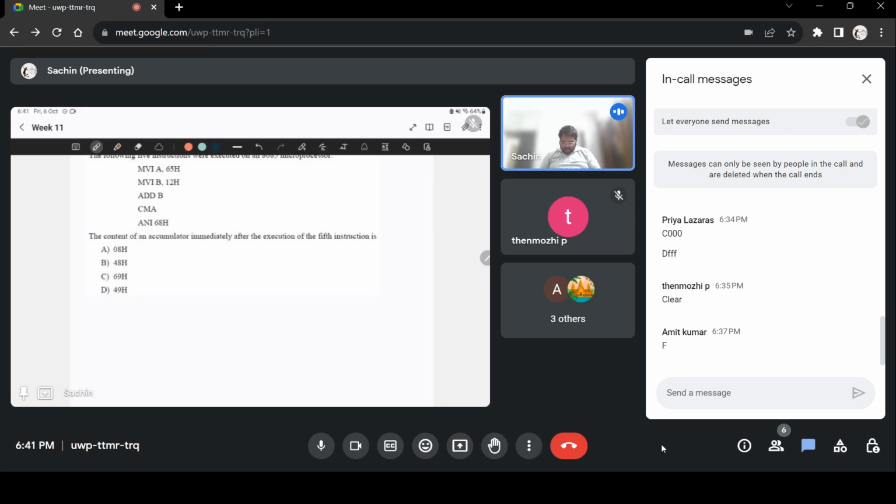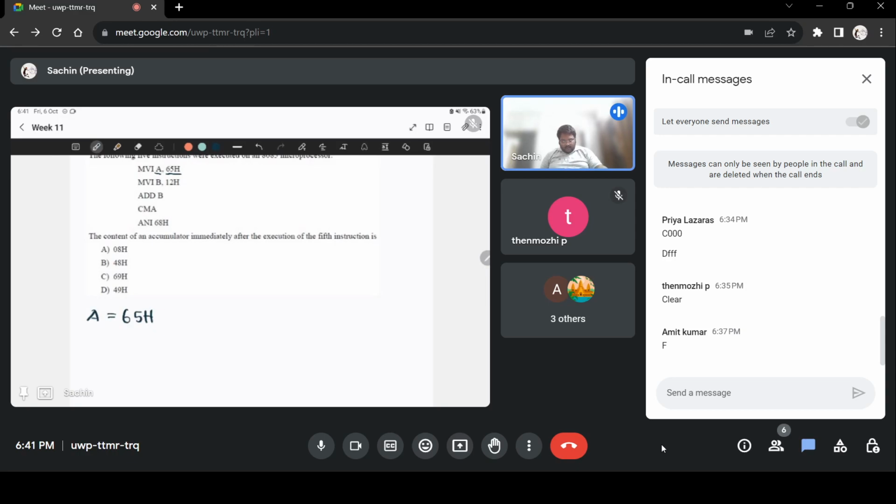MVI is a move operation, that is a data transfer operation. And MVI means that the data is immediate data. So whatever is given here, 65H, is the data that you need to move to your register, and the register you have to move it to is A. So A will be equal to 65H after the first instruction.